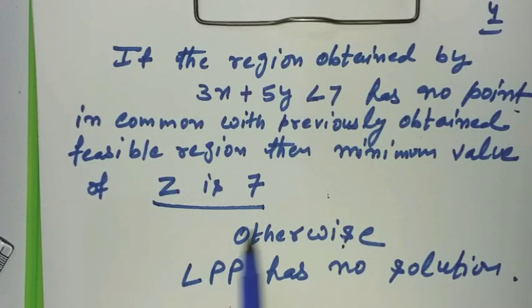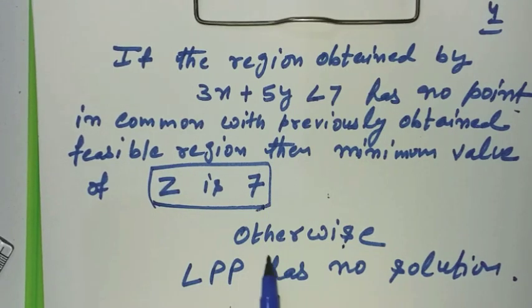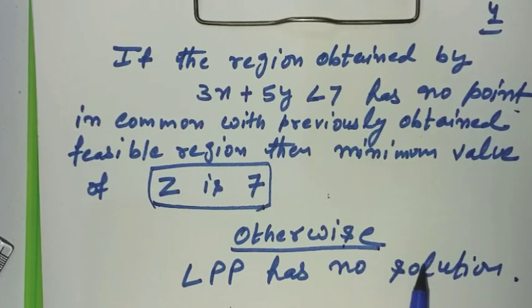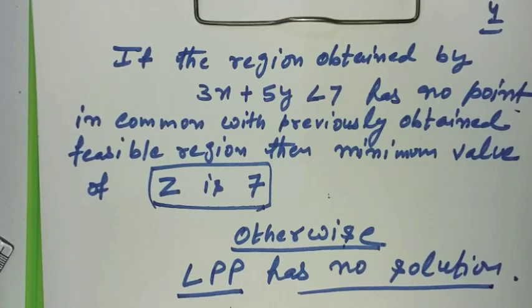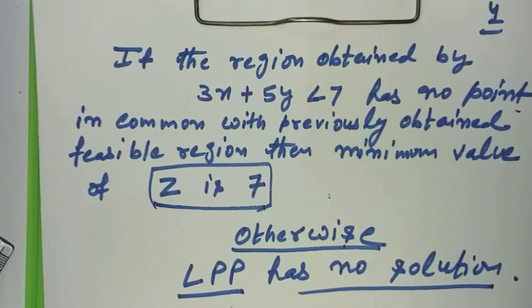So we have checked that there is no common point, so the minimum value of z is 7. Otherwise, if it had any common point with the previously found feasible region, then this linear programming problem would have no solution. So z is 7 and it lies at the point L, 3 by 2, 1 by 2.